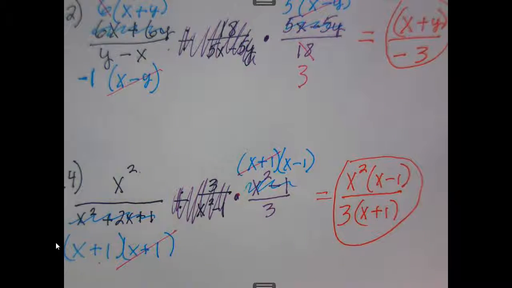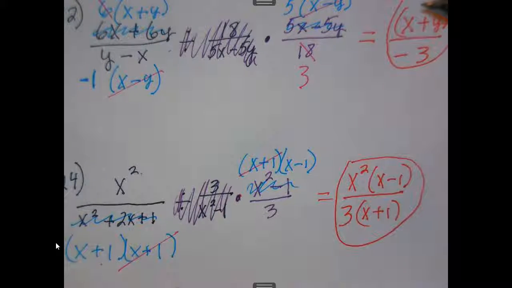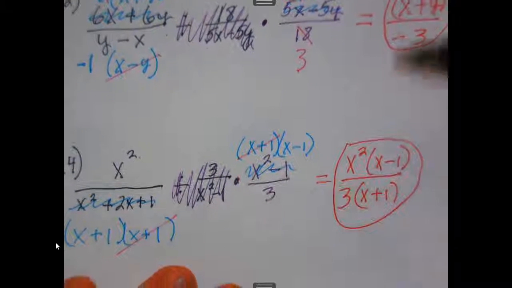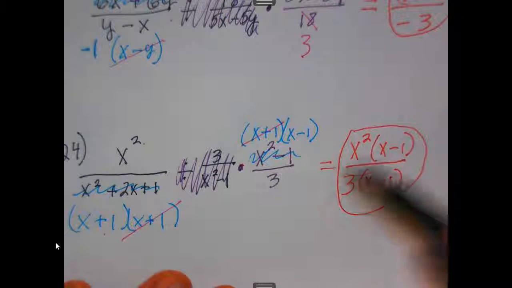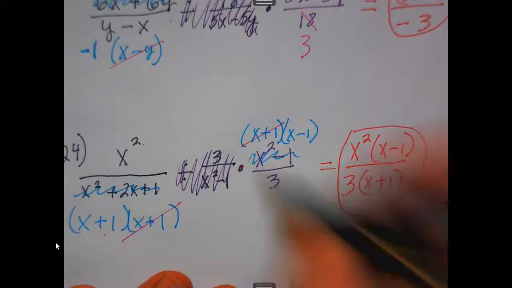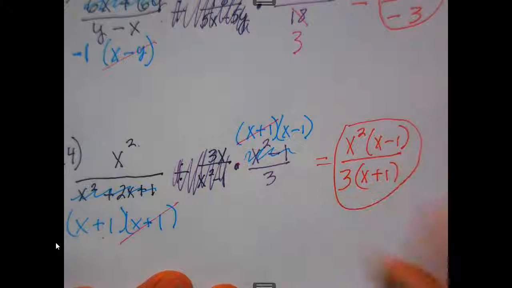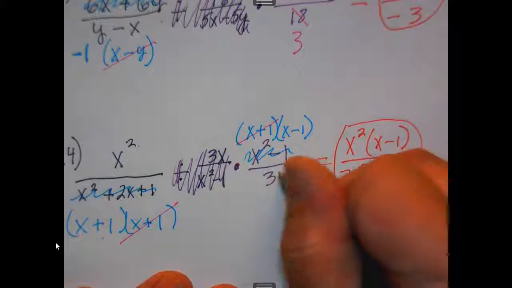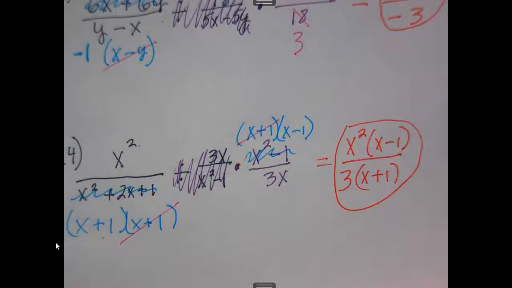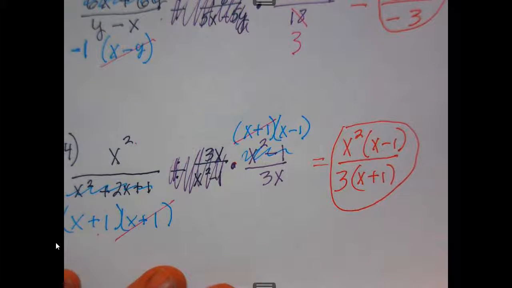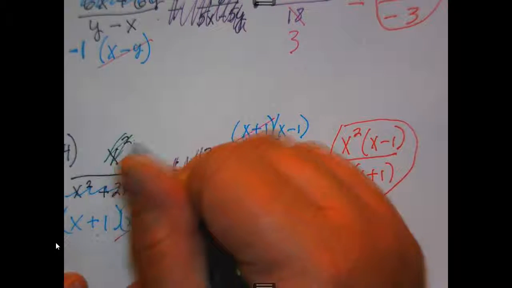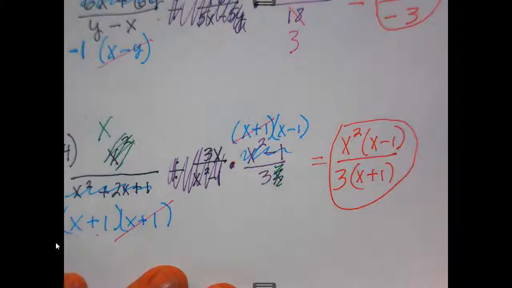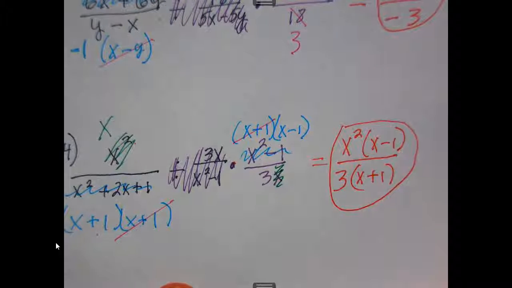What am I looking for, Marcel? Oh, there's an x here? So I wrote the problem down wrong? So there's supposed to be an x there? Okay. So I would have to cancel out one of the x's, right? This would just be an x.